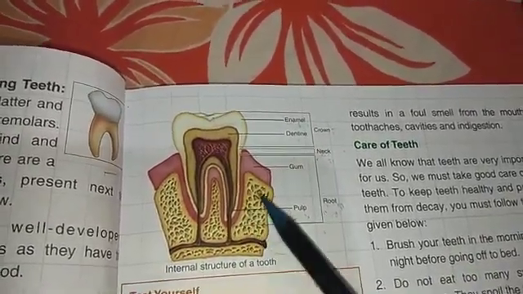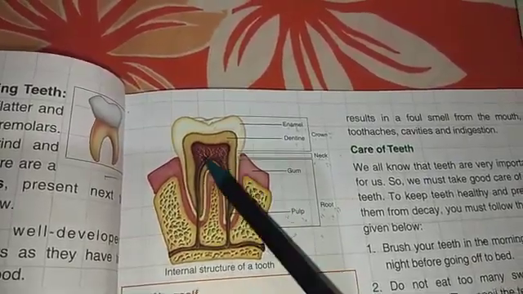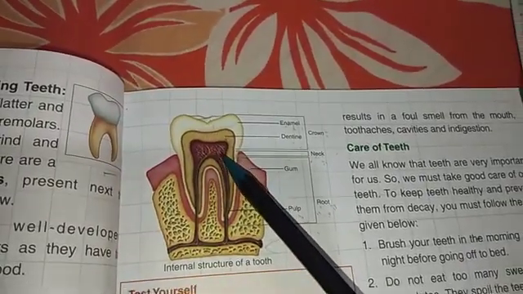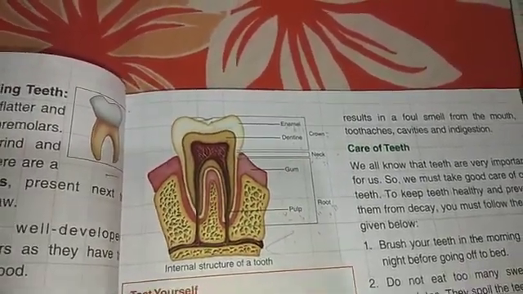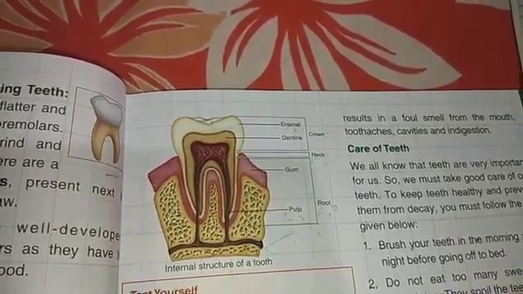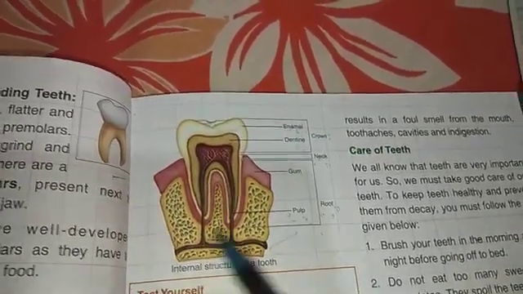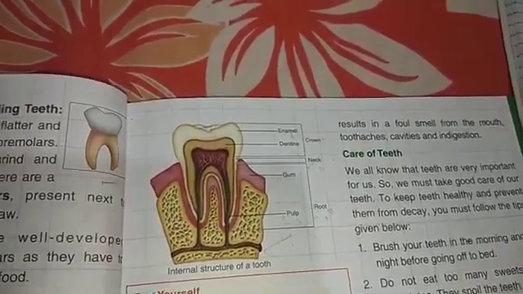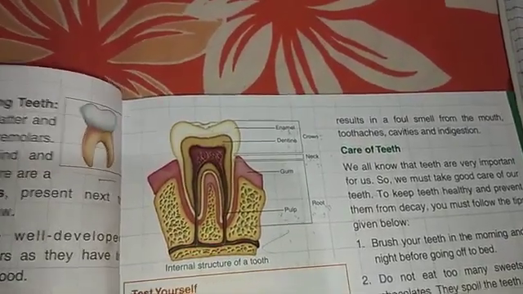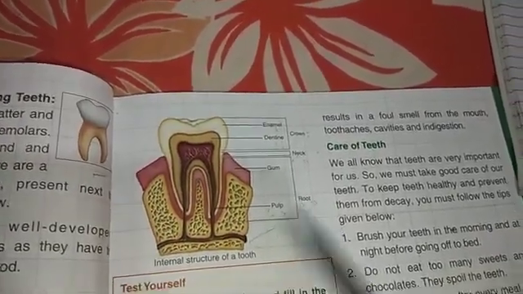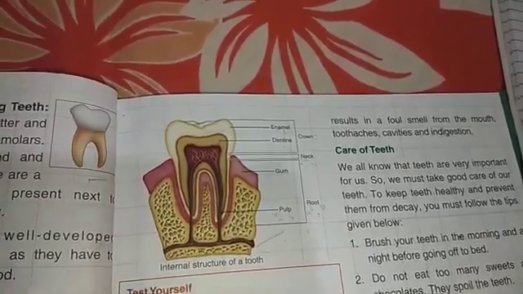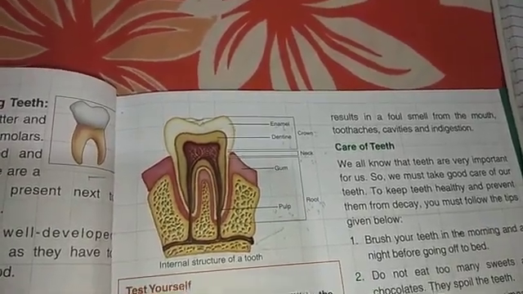It has nerves and blood vessels and continues down to the root. The nerves are connected to the gums through a hole present in the root. These nerves send signals to the brain.